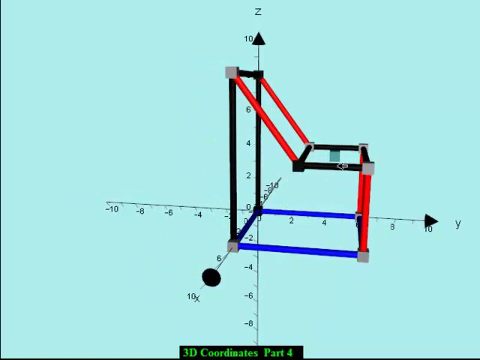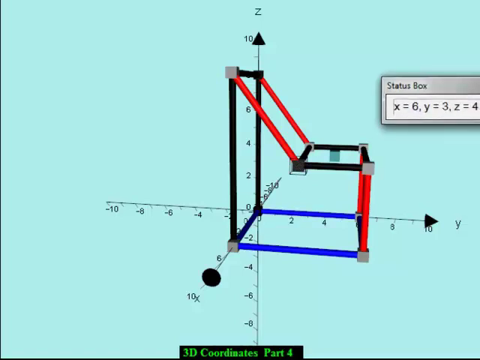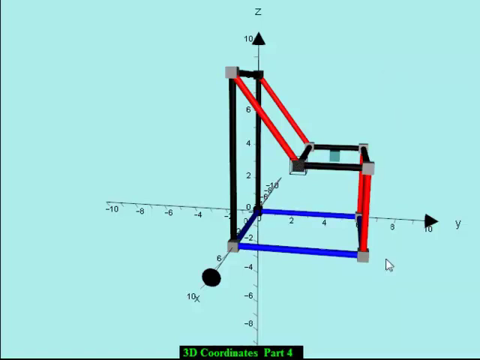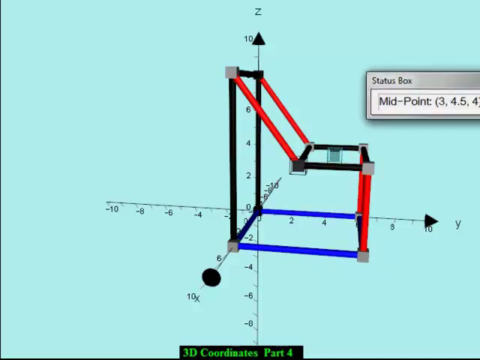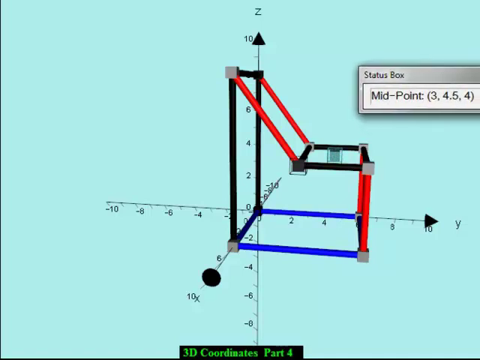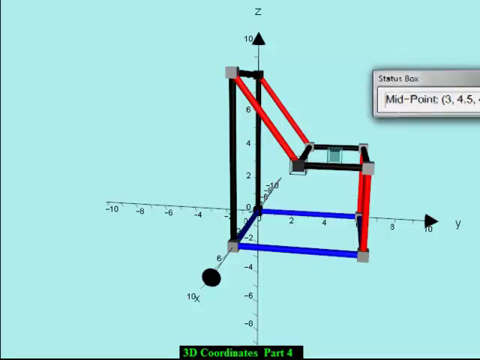That's 3, so that's halfway, that's 1.5. But B is 3 along here already. Do you remember the y value for B? It was 3. So it's 3 plus 1.5, which means it's 4.5. So the coordinates are 3, 4.5, 4. Okay?